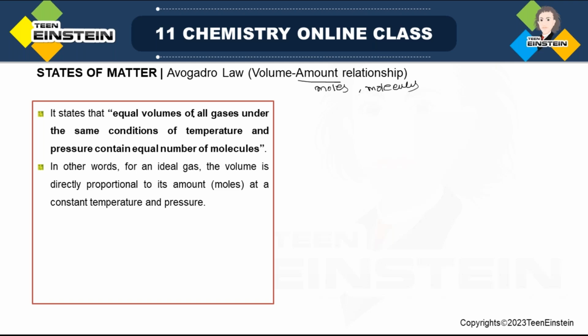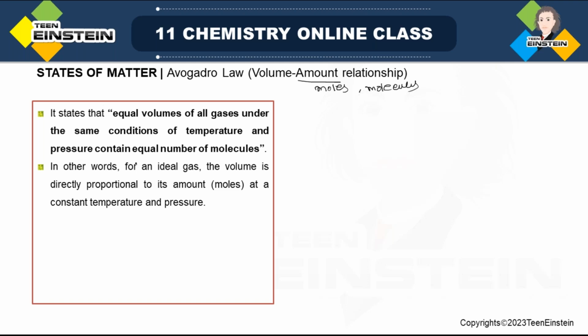So the volume is fixed, and the other conditions, that is temperature, pressure, etc., are also fixed. When you maintain this, then you can say that all these gases, since their volumes are equal, will have the same number of molecules.